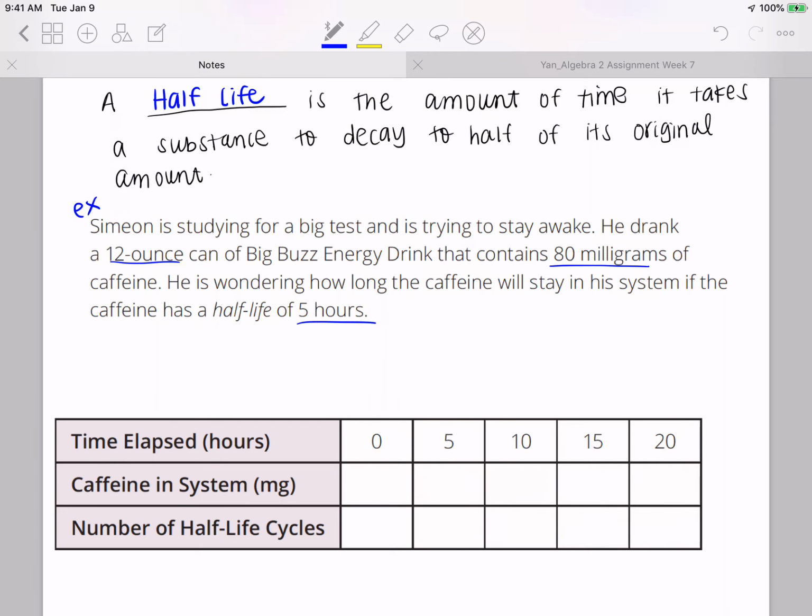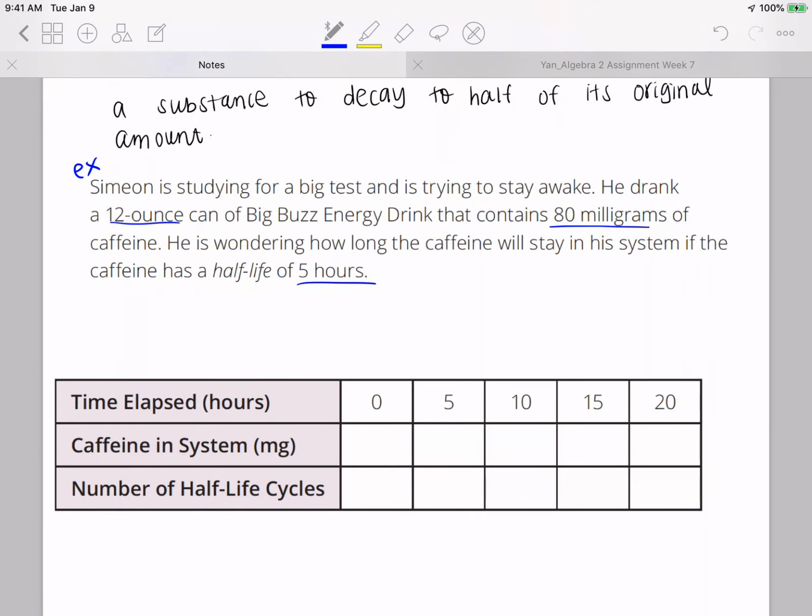Okay, so first off, we're given 3 numbers here. A 12-ounce can. If we look at this chart right here at the bottom, they talk about the time elapsed, the caffeine, and the number of half-life cycles. We didn't really talk about the ounces, like how big this bottle is, so we are not going to need this 12 ounce.